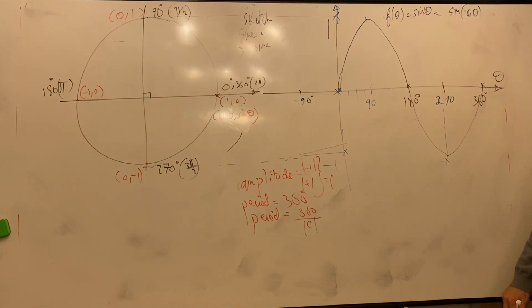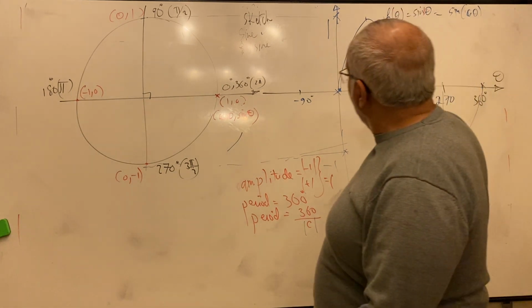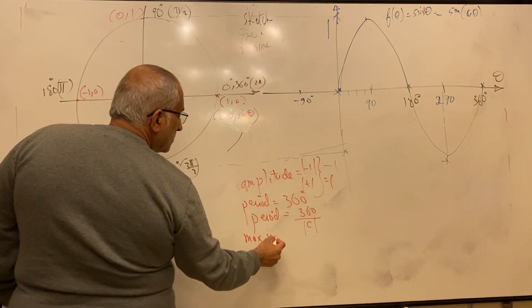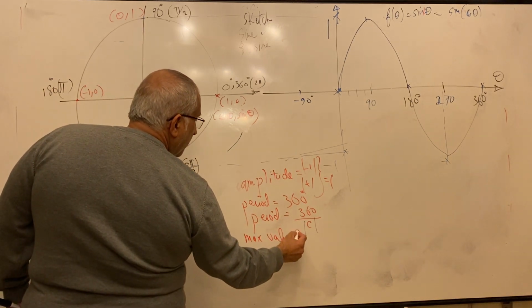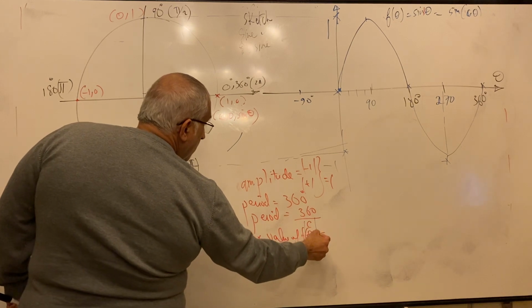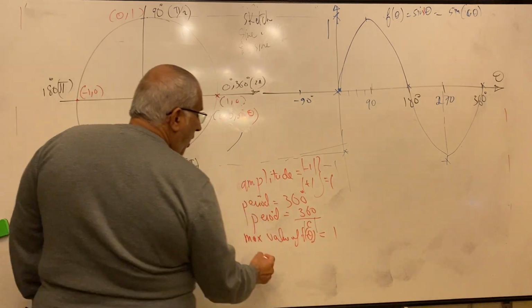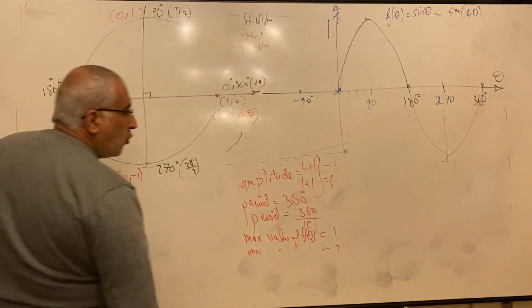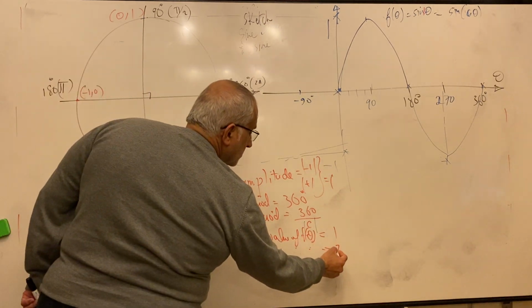Okay, so we talked about the period. By the way, what is the highest point you can get to of this function? The highest point is called the maximum. So the maximum value of the function f of theta is simply 1. The minimum value of this function is negative 1. What do we get from both of these?